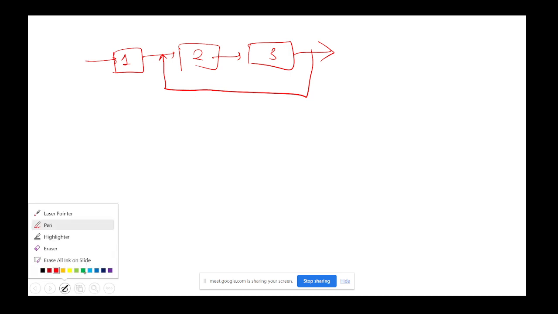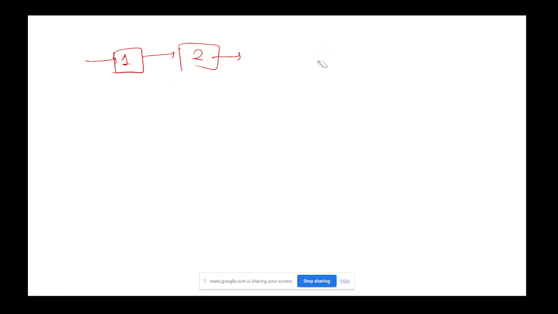For simplicity, let's keep fewer processes. So this is the recycle, this is the product, this is the feed.